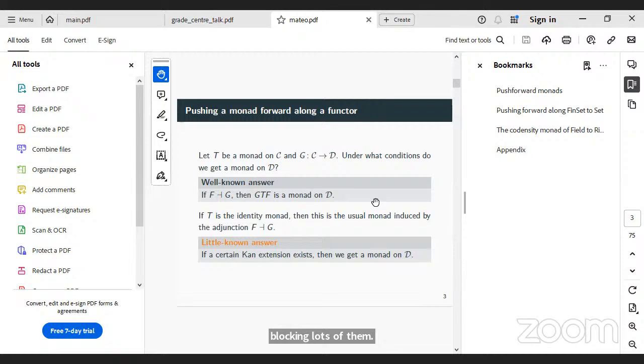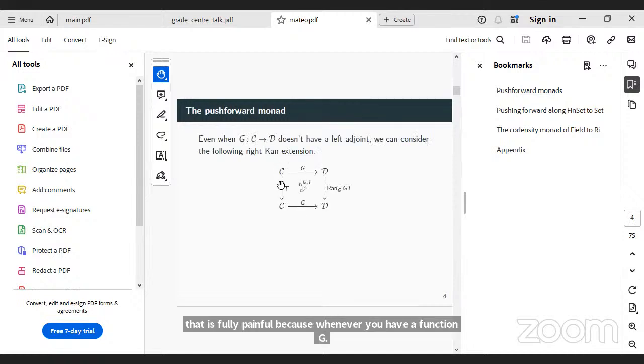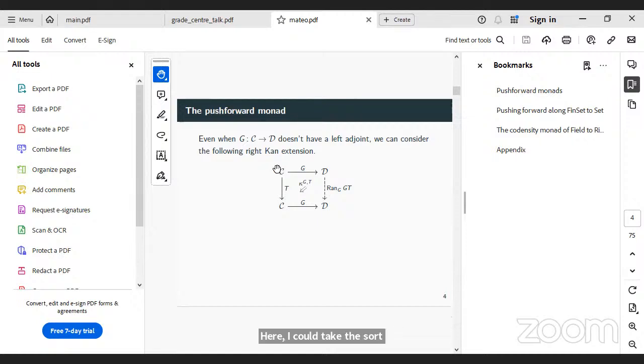I haven't considered that very well, but I think it doesn't matter very much that it's fully faithful, because whenever you have a functor G here, I could take the limit completion of C and take the functor that it induces from the limit completion to D if D is complete. That is probably not going to be faithful or full, and still has the same push forward.